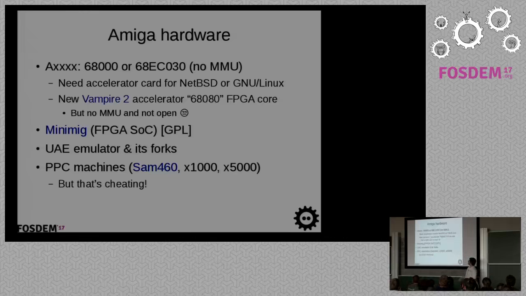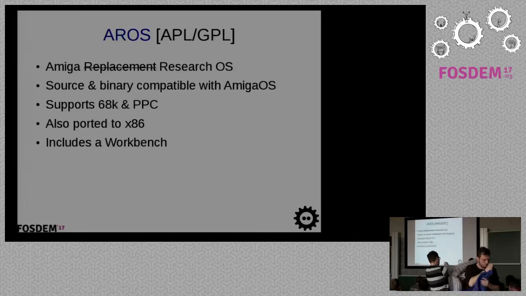You can also run on MiST. Exactly. And there are a lot of forks of the emulator, UAE. So I didn't really put a link because I didn't know which one to put. And there are PPC machines, but, well, that's cheating. So AROS, it used to be Amiga Replacement Operating System.